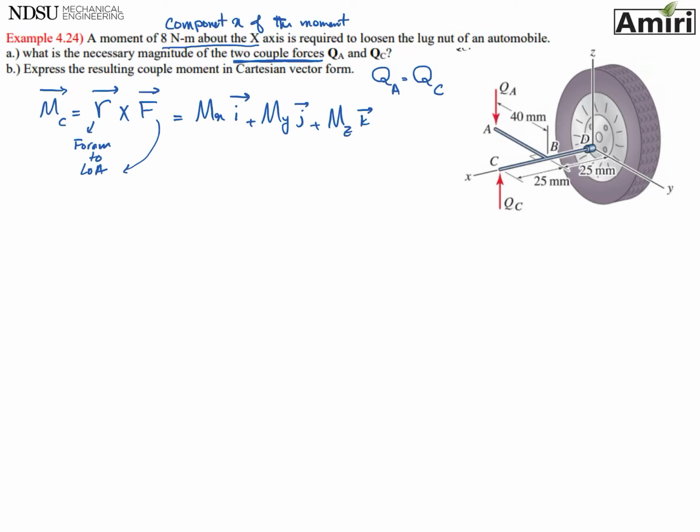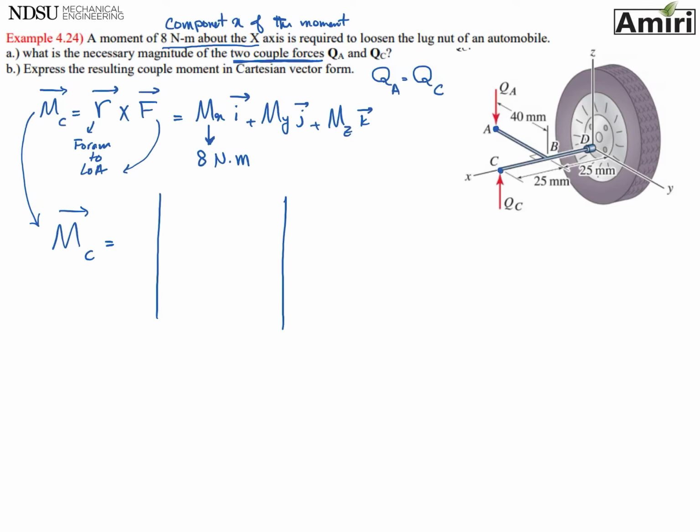So the problem tells us the magnitude of it is 8 Newton meters, and it asks us to find QC or QA, which here I wrote as F. Okay, so let's go back to this. The moment of a couple is going to be from the line of action of one of them.